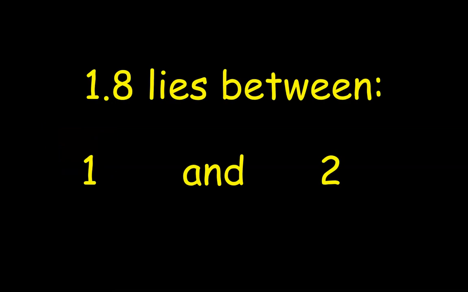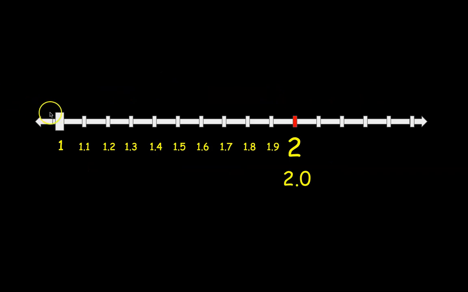1.8. 1.8 lies between 1 and 2 on the number line. Let's have a look at it. There's 1, there is 2, 1.1, 1.2, 1.3, 1.4, 1.5, 1.6, 1.7, 1.8.